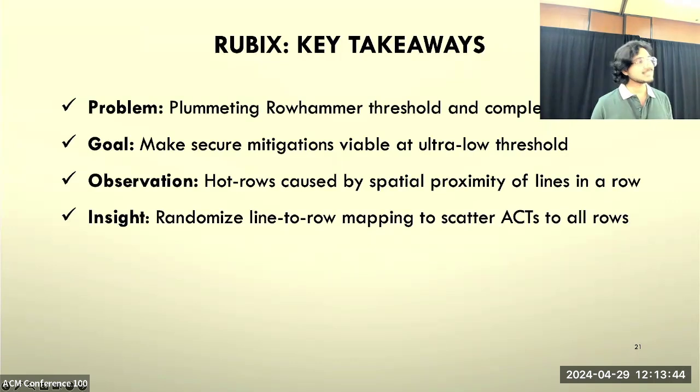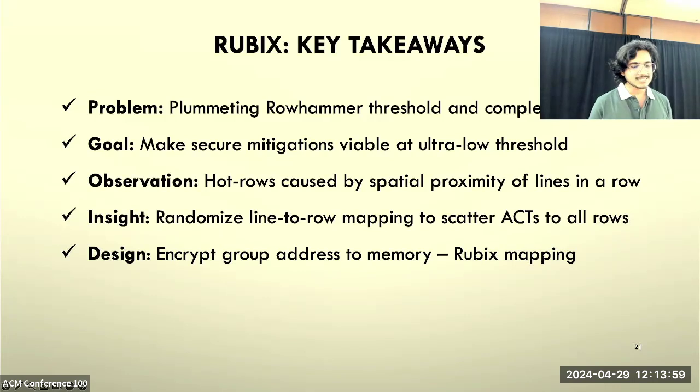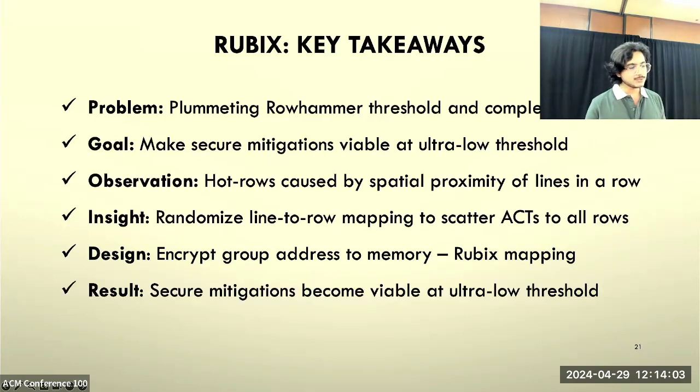So we reduce these episodes of hot rows by breaking the spatial correlation between the lines that map to a row. We have presented the static randomization scheme. There is also a dynamic flavor of it, and our design is called Rubix. It makes secure mitigations viable at ultra-low cost with just a few bytes of SRAM and negligible power and performance overhead.